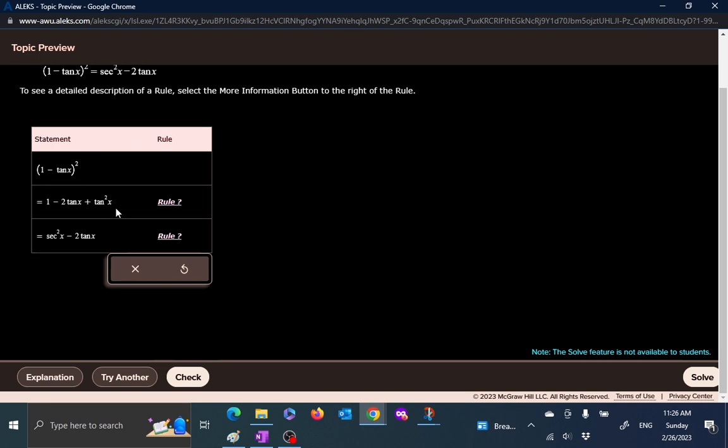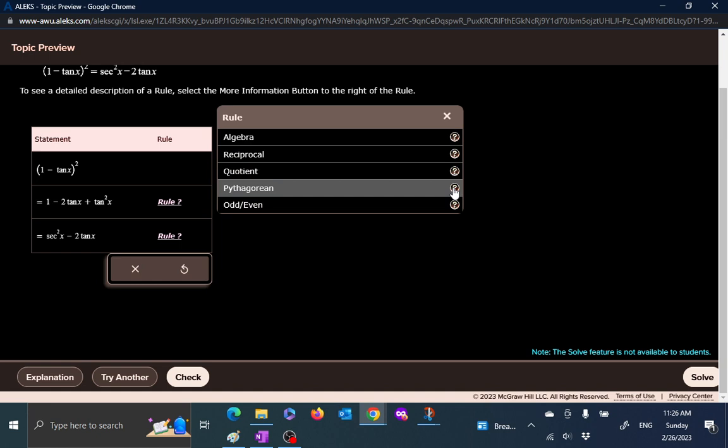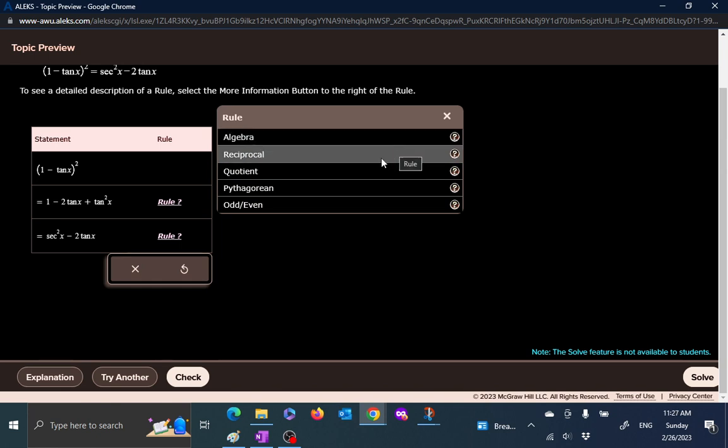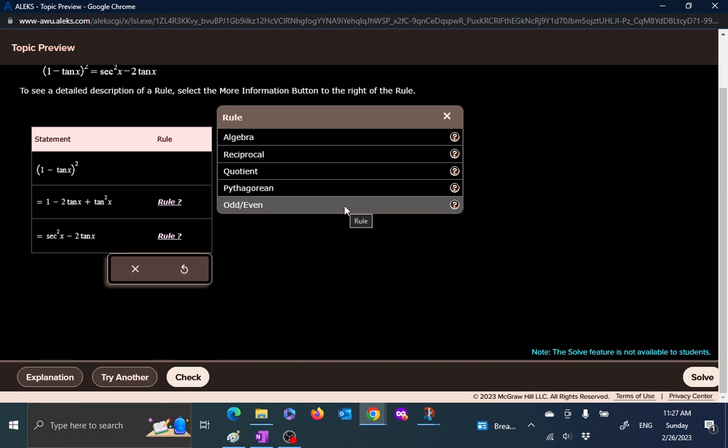So the software is asking what rule was used to come across that observation, of the rules that we have, which one of them. So was it algebra? Was it reciprocal identities? Was it quotient? Was it Pythagorean? Or was it odd or even identity that was used to arrive at this? And what do you think?